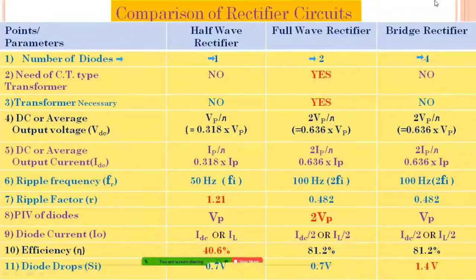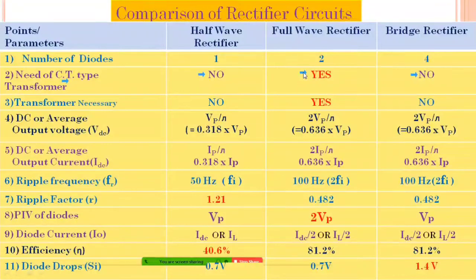Fine. Then the second point of comparison is the need of a center tap type of transformer. It is not required for half wave and bridge rectifier circuits, but a center tap type of transformer is essential for the construction of the full wave rectifier.